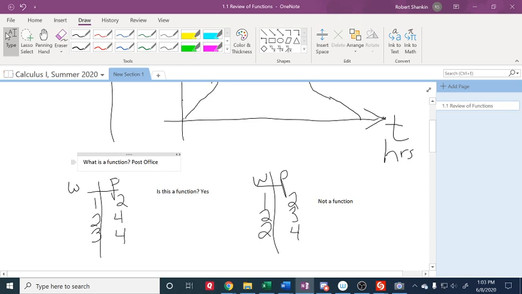And let's go to this, what is a function? Let me give you a definition. It's an input-output process where each input has exactly one output.